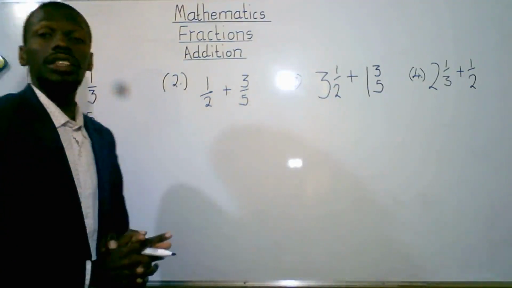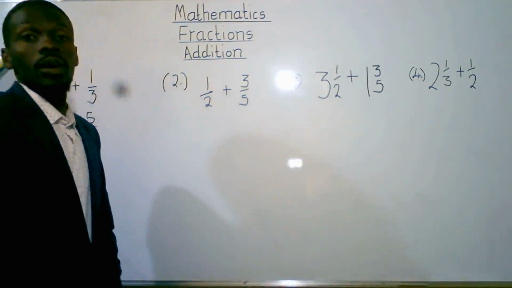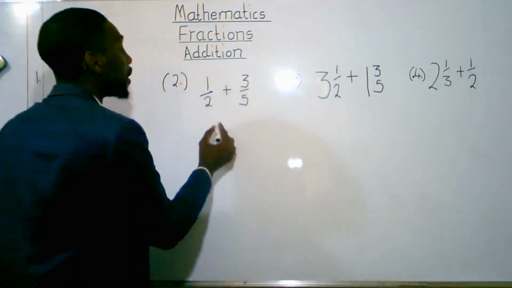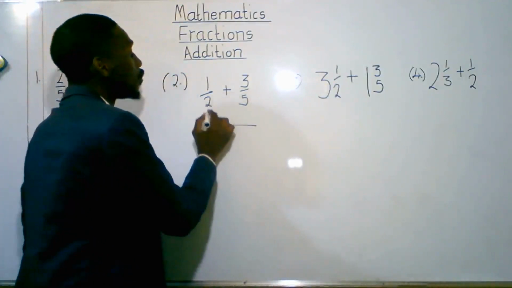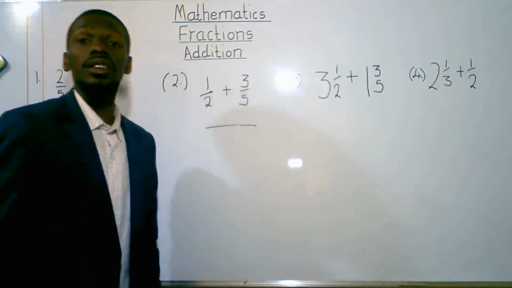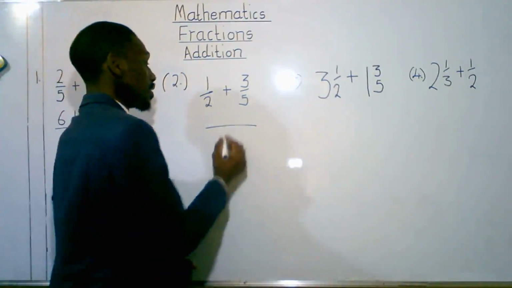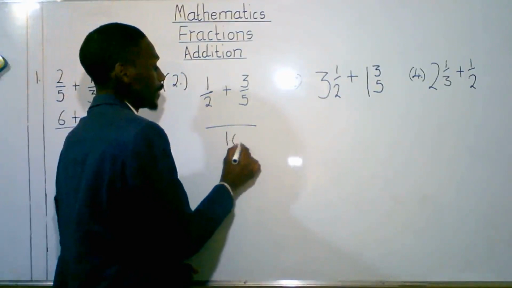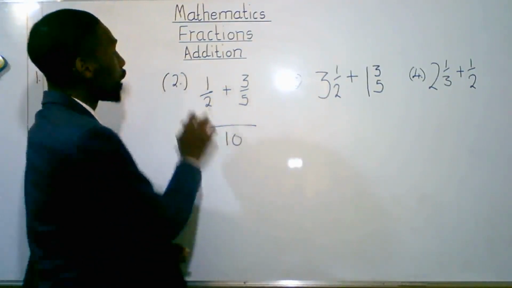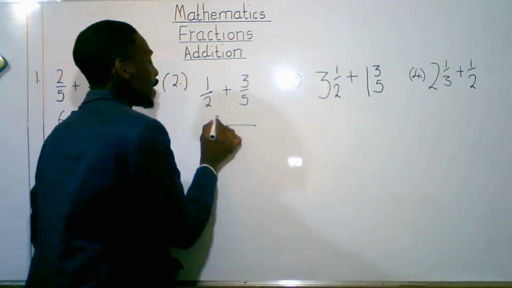1 over 2 plus 3 over 5. First, we need to look for the lowest common multiple of 2 and 5, the number in which 2 and 5 can go without giving a remainder. What number is that? Very good, 10. 2 into 10 is 5. 5 multiplied by 1, the numerator, is 5.